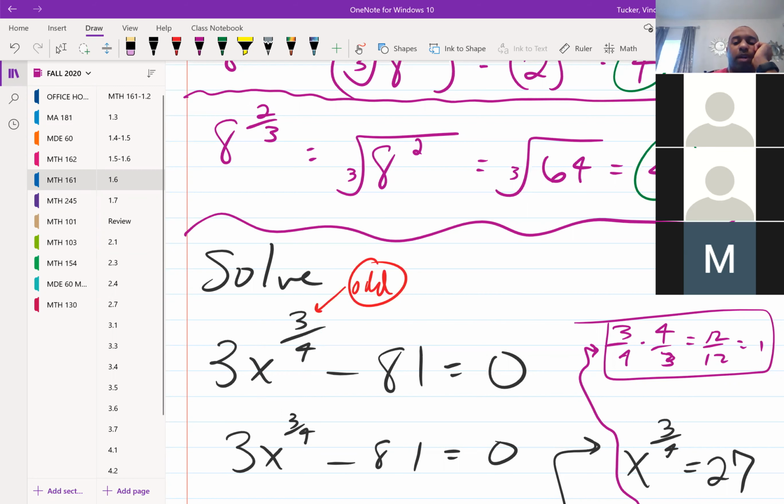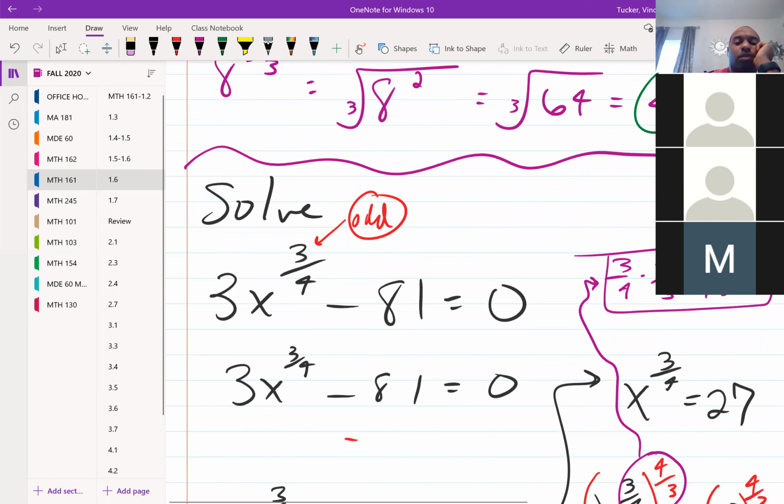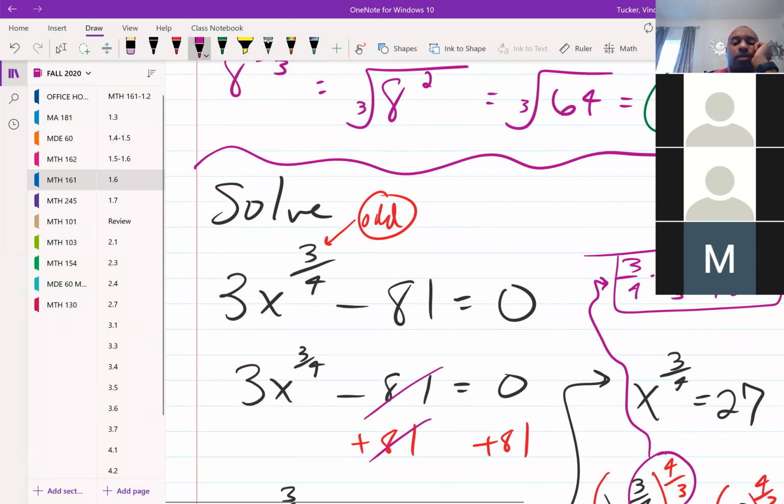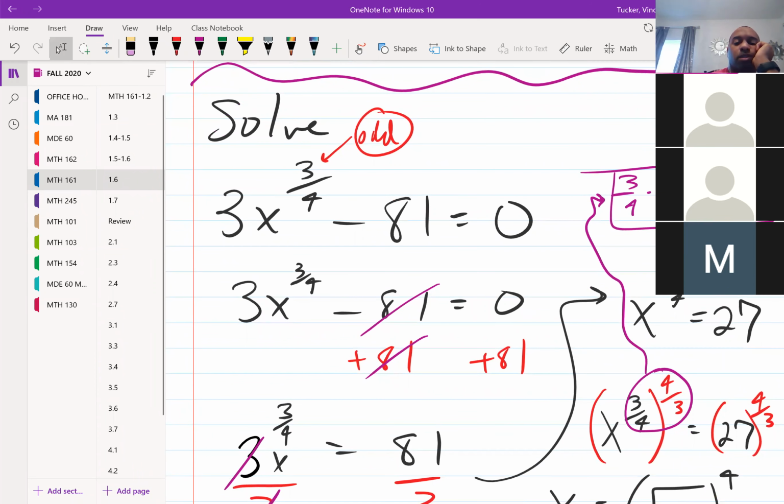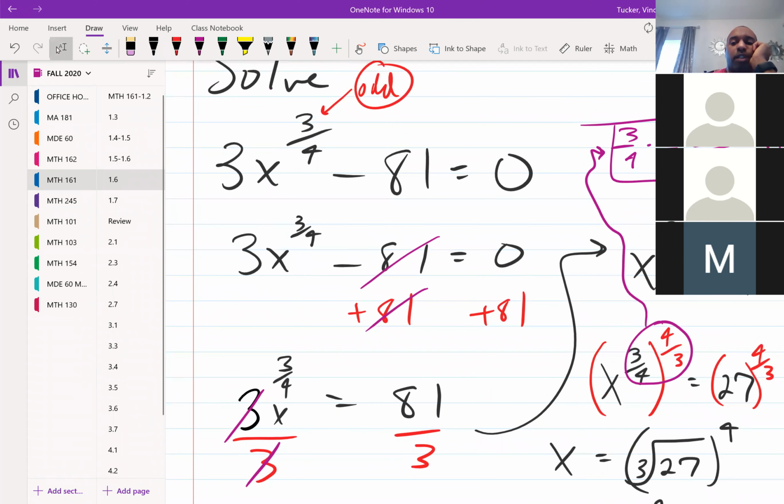So you want to get that by itself. So we'll add 81 to both sides. They cancel. Then we'll divide both sides by 3.